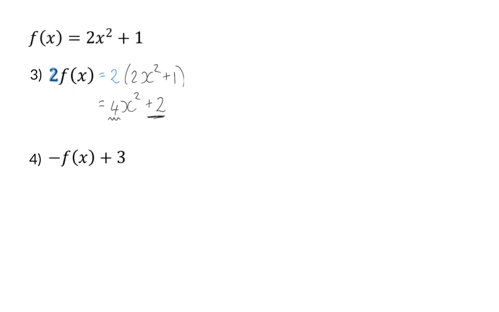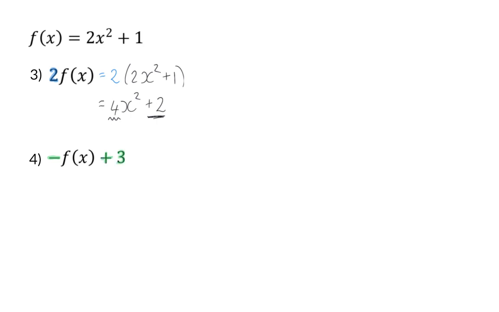Similarly, in example 4, transformations are indicated using function notation. The minus in front indicates that the function is reflected around the x-axis because the whole function's sign is changing. After that, the function also moves up 3 units.